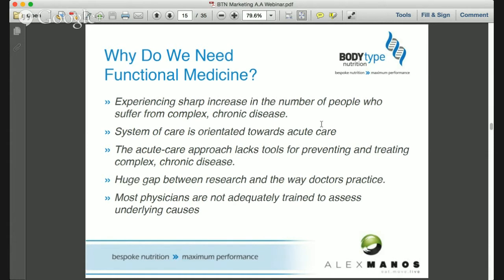And therefore, we could say that the acute care approach or model lacks those sorts of tools needed. There is a huge gap in research, and there are all sorts of different statistics out there. And this places a huge responsibility on each and every one of us as a health practitioner, because depending on what you read, what I've read is anywhere from 17 to something like 40 years is the gap between the research coming out today and it being commonplace in clinical practice.